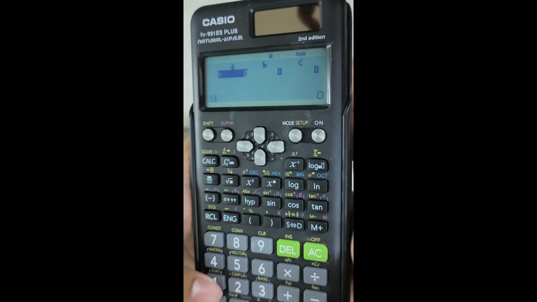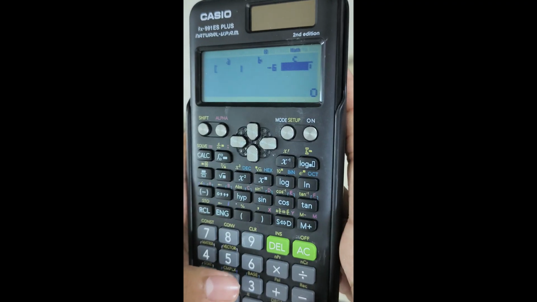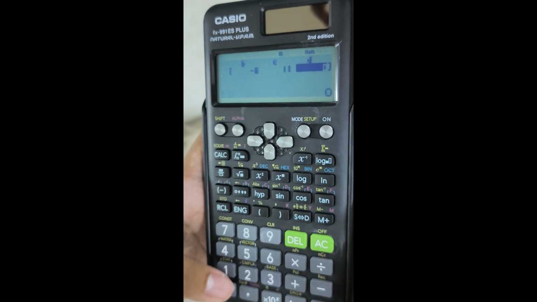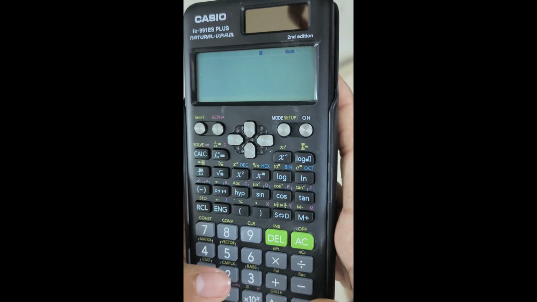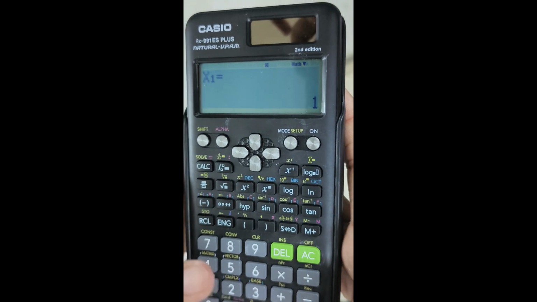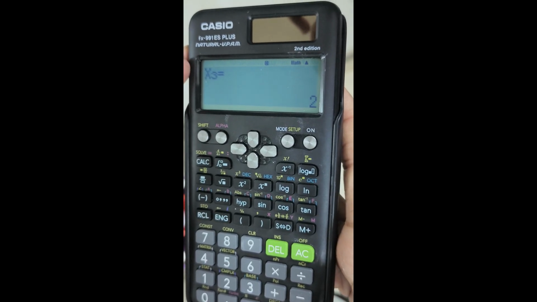The value of A is 1, then minus 6, then 11, and then minus 6. By pressing equals, we get the values x1 is 1, x2 is 3, and x3 is 2.